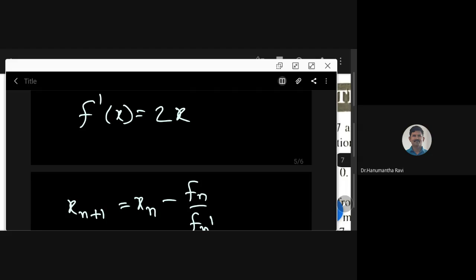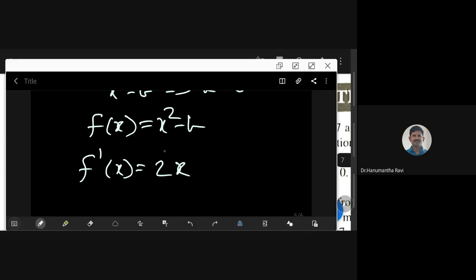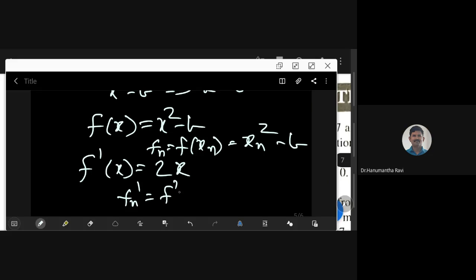Our f of x is x square minus b. So, b is given. What is fn? Fn is f of xn, which is equal to xn square minus b. And now, what is fn prime? Fn prime is f dash of xn, so this is nothing but 2xn.